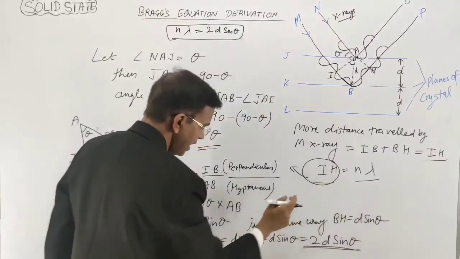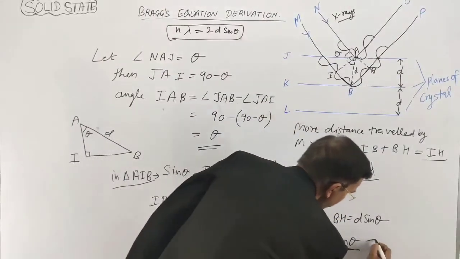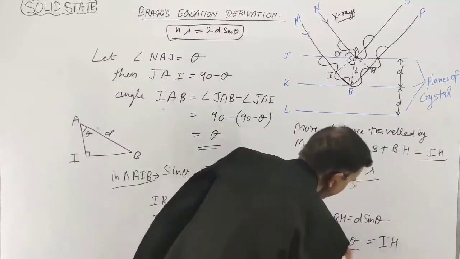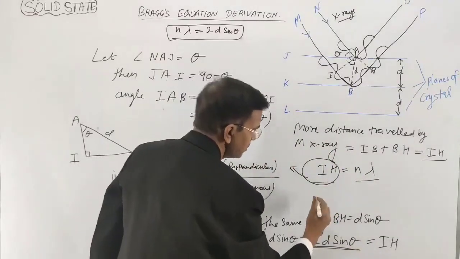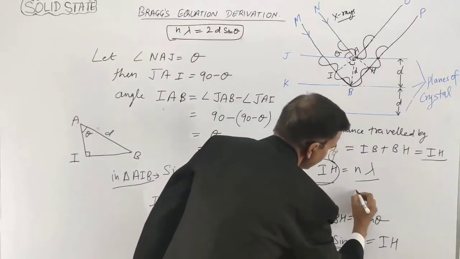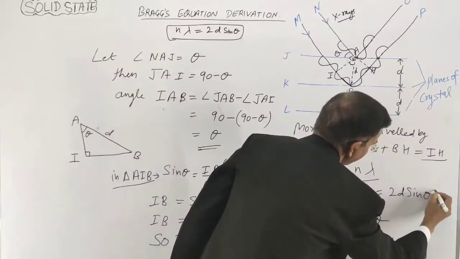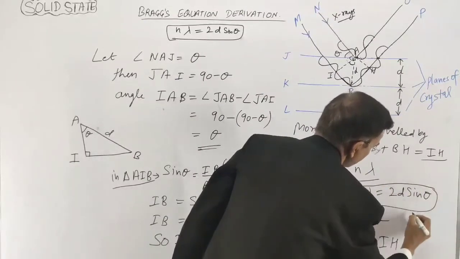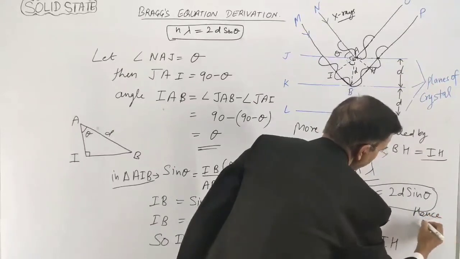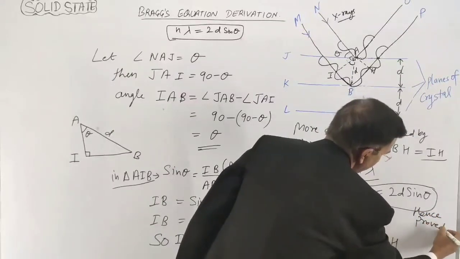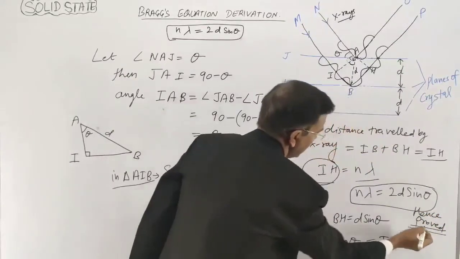So here IH, this is the IH distance, must be equal to 2d sin theta. That means n lambda must be equal to 2d sin theta. So hence proved. So it is the Bragg's equation.